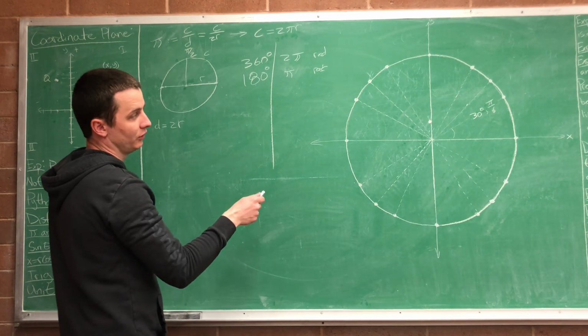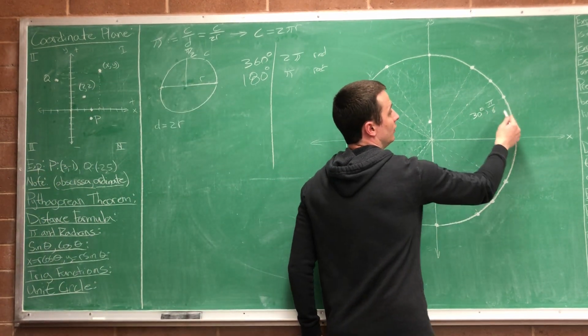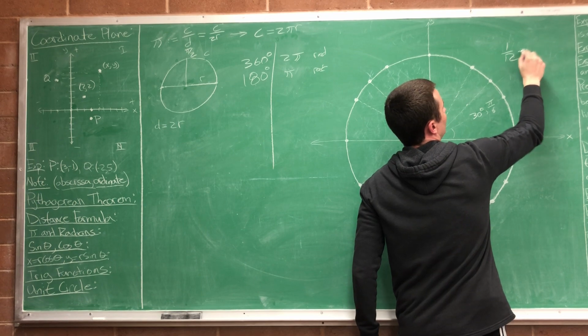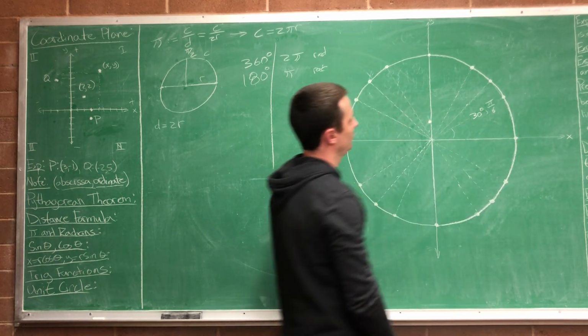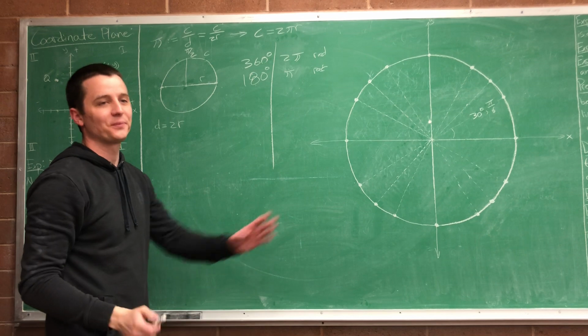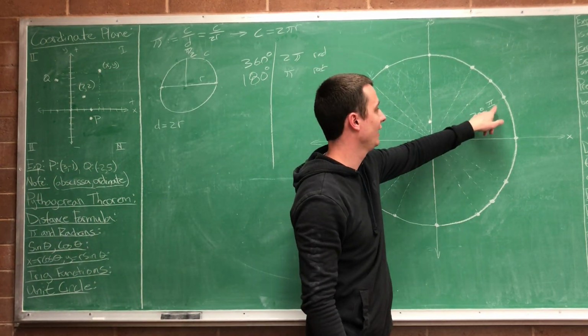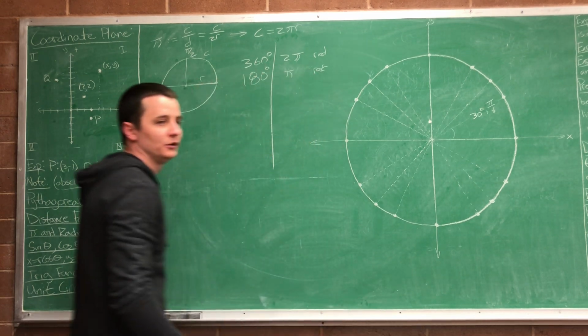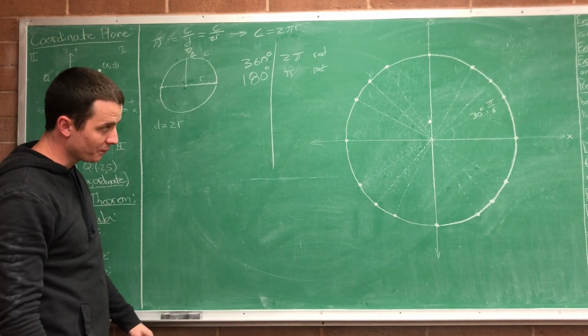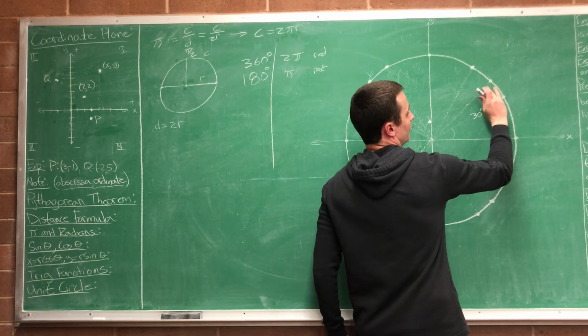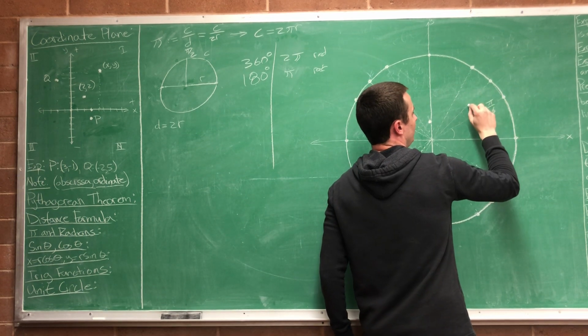So 1/6 of a half is the way that I think about that. Pi is a half, we take 1/6 of a half, which is 1/12. That's the way I think about it. But whatever helps you think is whatever helps you think. So now let's jump over here and do this one. This one's 45 degrees.